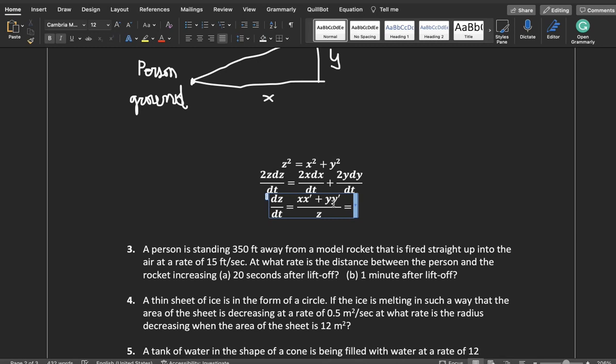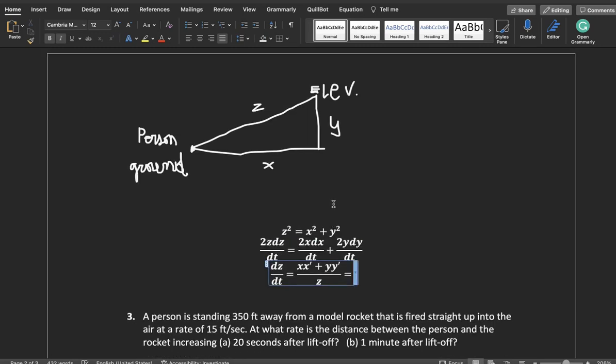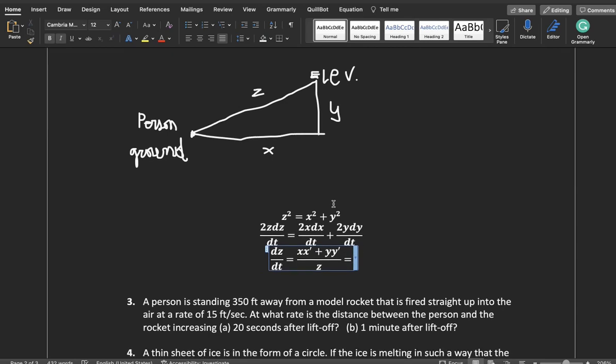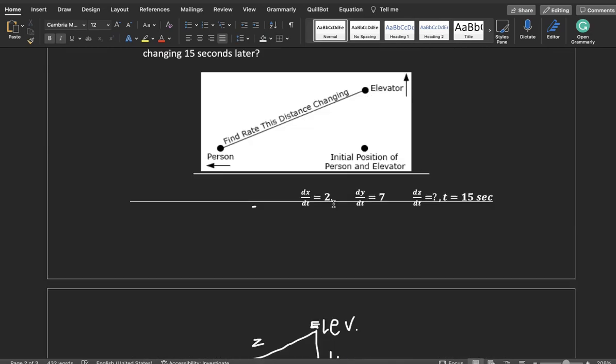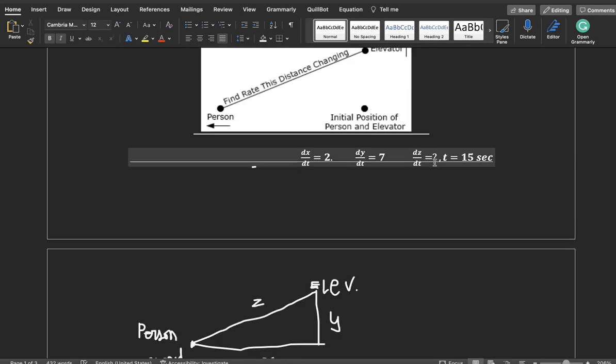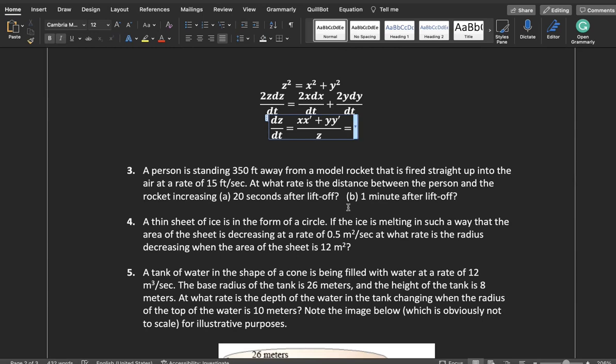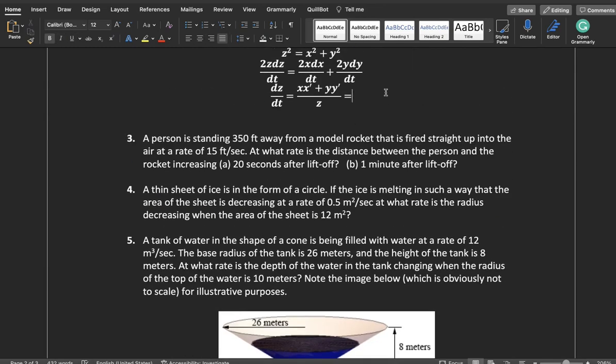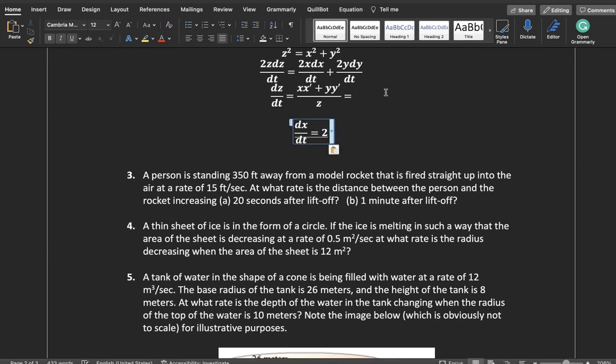So what is that equal to? Well, first we need to find the values of x and y when t is equal to 15, right? We're already given that dx over dt is equal to 2.